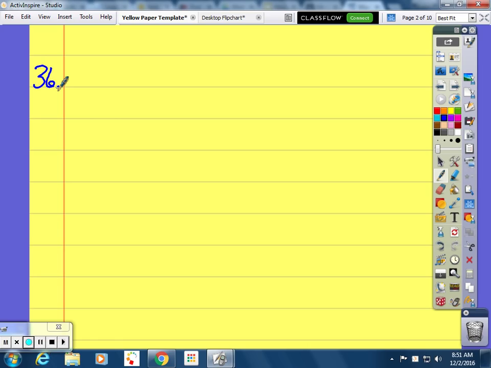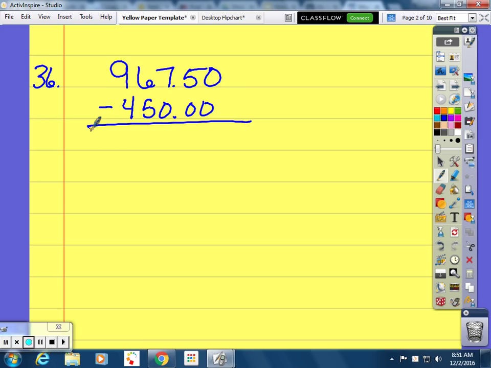How many players, P, could the team bring to this tournament? That's bad wording. So they raised $967.50. They paid $450 for a bus. So I know that money's out the window. Gone to a bus.